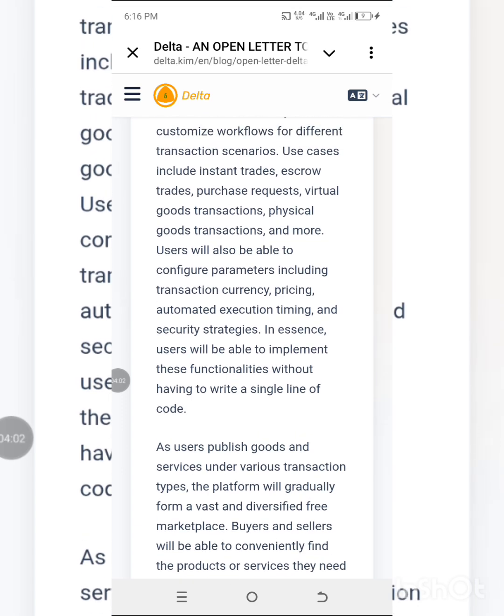This smart trading contract is like, for instance, I'm the buyer here and the other person is the seller, or let's say I'm the seller, the other person is the buyer. I, as a seller, can never cheat the other person. It's more like the way you trade currency on this Bitget exchange or some other platform, let's say Binance.